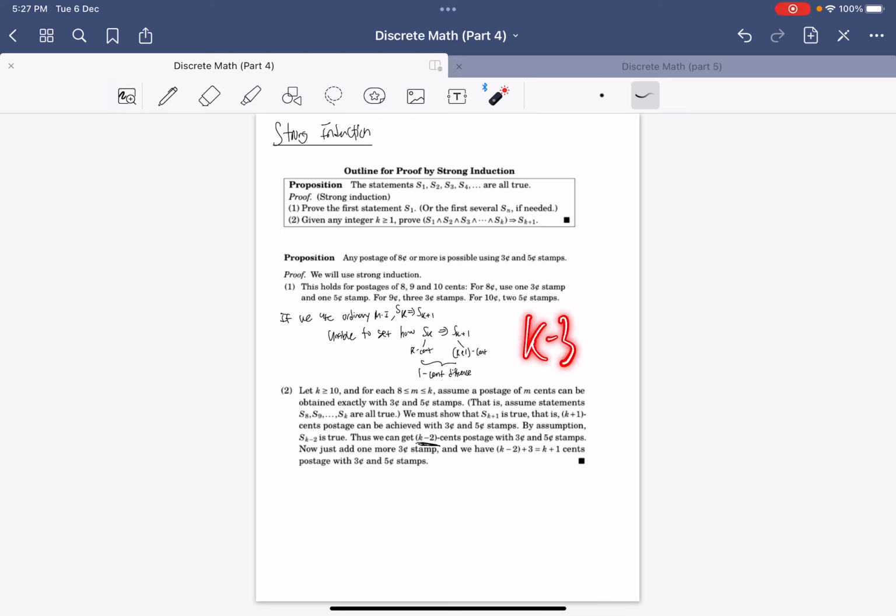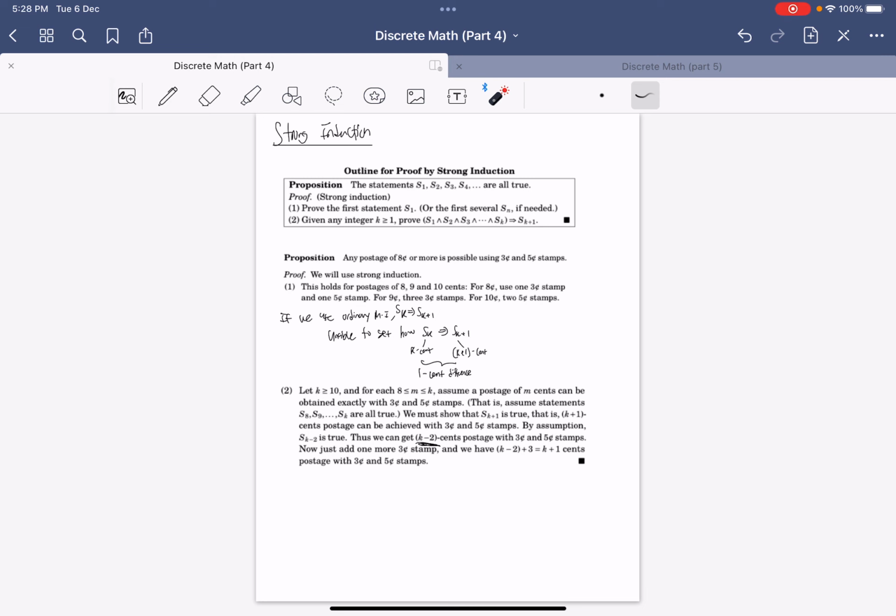So k minus 2 can imply k plus 1 is true, because now you can just add a 3 cent stamp. And so with that, you need 3 base cases to hold true, which is 8, 9, and 10 first, which then will cause 11 to be true, 12, and so on.